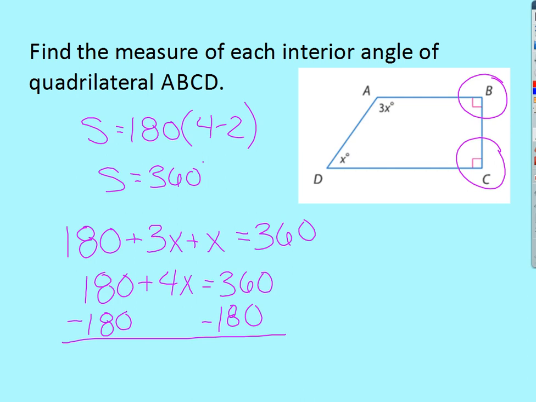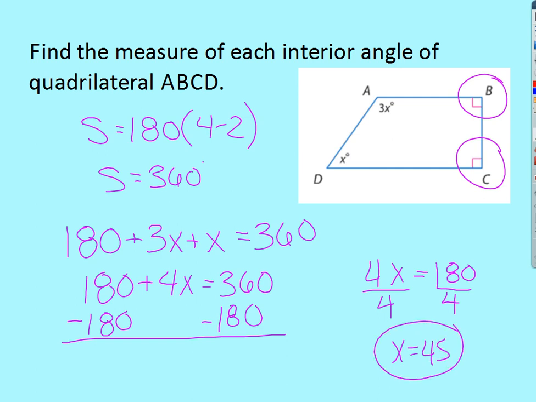And that's going to leave us with 4x is equal to 180 degrees. Now this is 4 times x, so we're going to divide on both sides. And we're going to get x is equal to 45. So it says to find the measure of each interior angle. If x is 45, then 3 times x is 135 degrees.